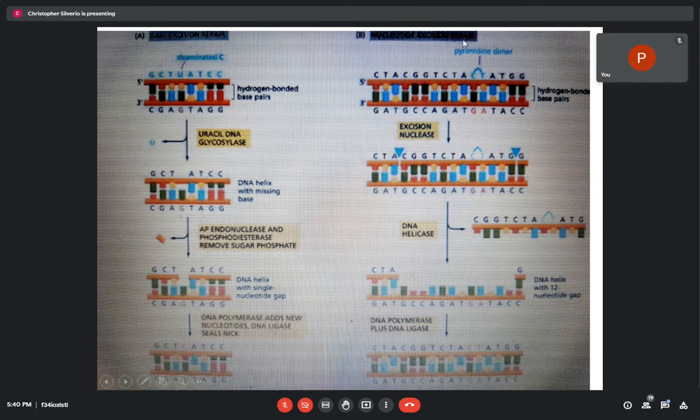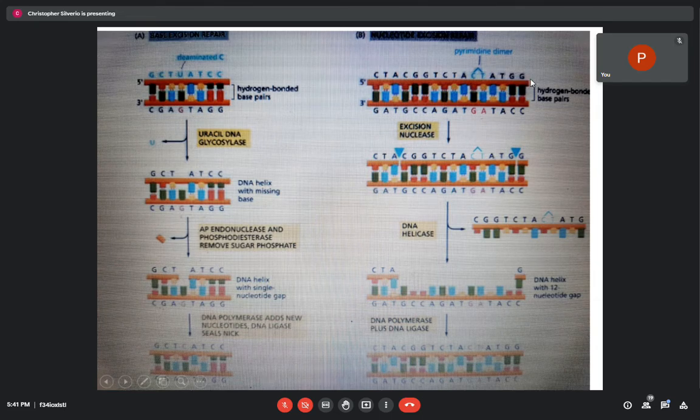When this normal DNA was exposed to sunlight, a cytosine-thymine dimer was formed. So this is the one. In other words, the cytosine and thymine joined together. There's a link. And so what should be done?